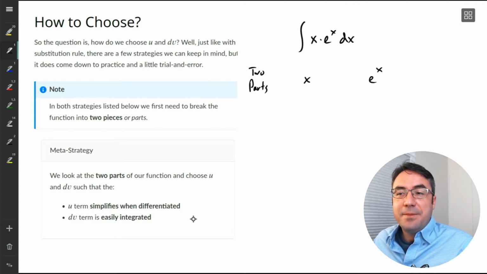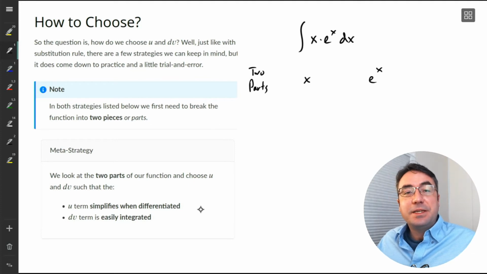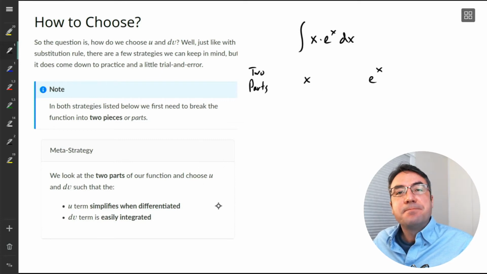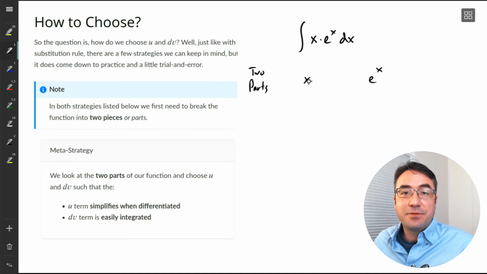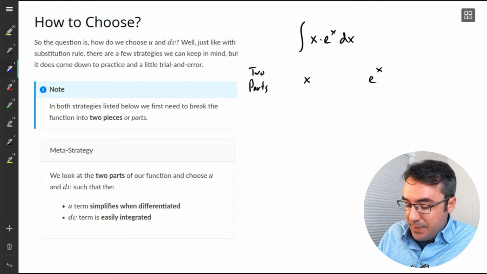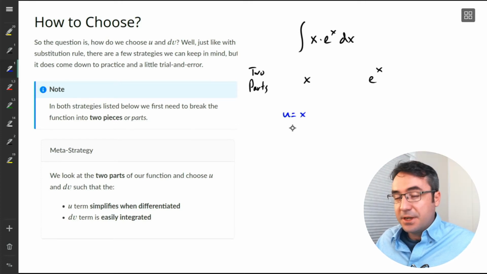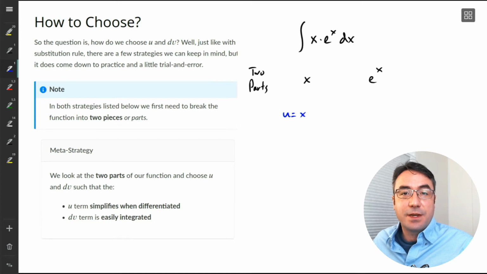Now, with that in mind, a strategy for how to pick dv is we look for the term that is easy to integrate. And so going back up, x, that's not too bad to integrate. e to the x, that's also not too bad to integrate. So based off of this strategy, the fact that this part, x, really simplifies when we differentiate it, that would lead me to choose u equal to x, because that'll simplify the most when we differentiate it.